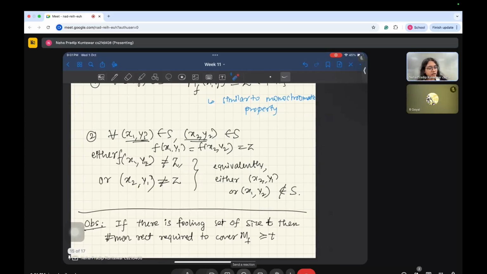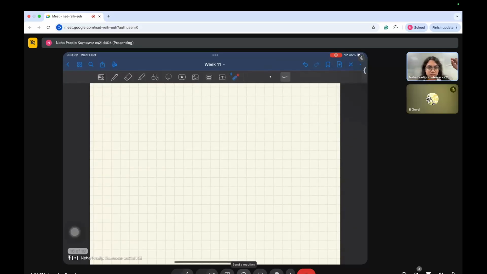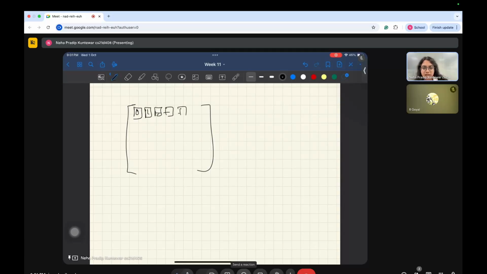Actually, the trivial way to cover the matrix would be to take every cell to be one rectangle. Whatever the values, every cell is a monochromatic rectangle by itself.